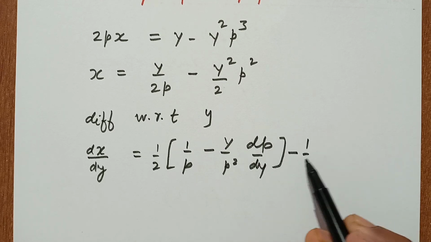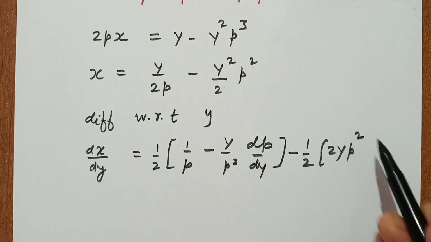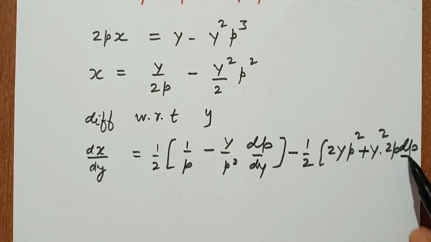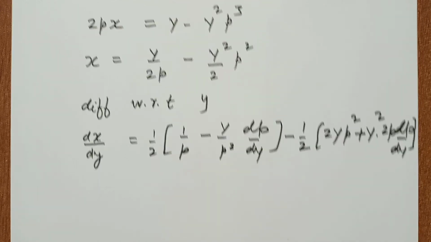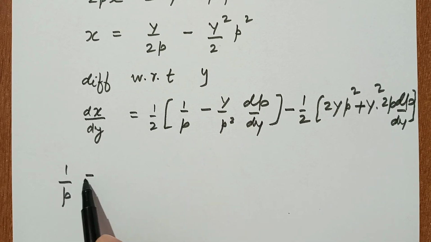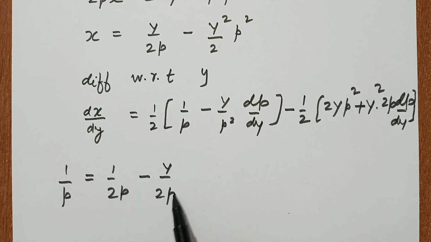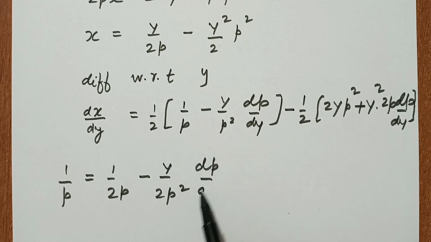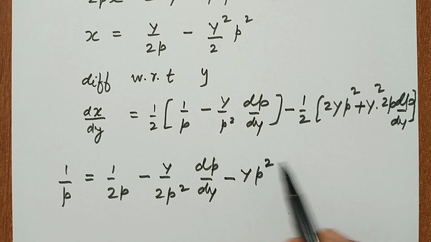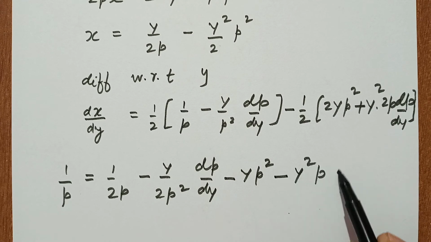Here minus 1/2, and also the differentiation of y² p² gives 2y p² + y² · 2p dp/dy. Now dx/dy is equal to 1/p. So 1/p = 1/(2p) - (y/2p²) dp/dy - (2 cancels) y p² - y² p dp/dy.